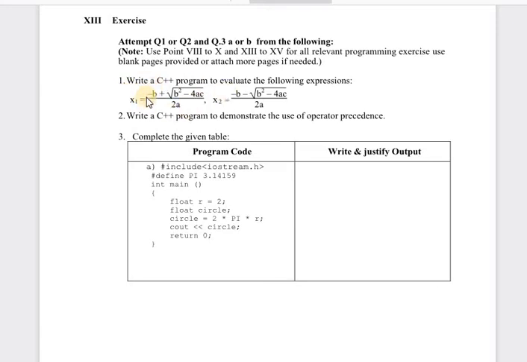After that, see here, minus b plus. To find out the square root, we have one function, that is sqrt. We have already seen this in C programming. For that we require math.h. Okay, so square root in bracket b into b minus 4 into a into c, whole bracket, divided by 2 into a.